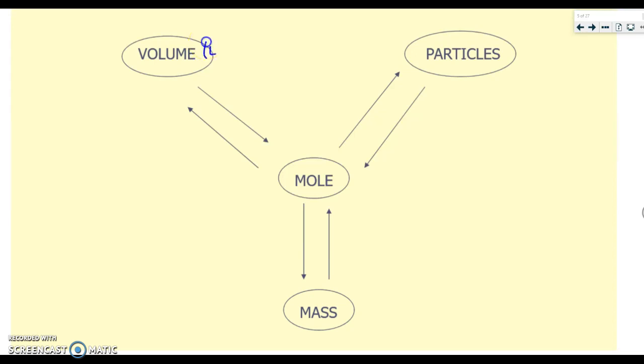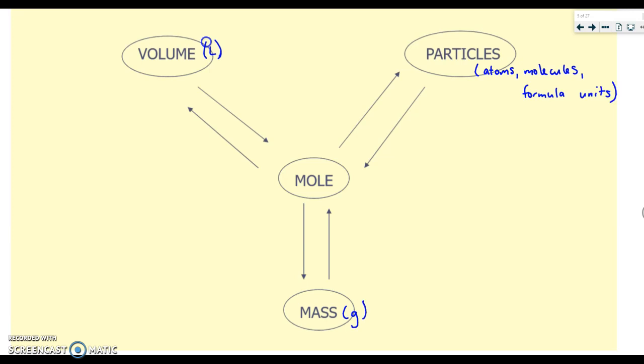Volume is always going to be liters. Particles will be one of 3 things: either atoms, molecules, or formula units. Of course, mass is grams, and a mole is a mole.